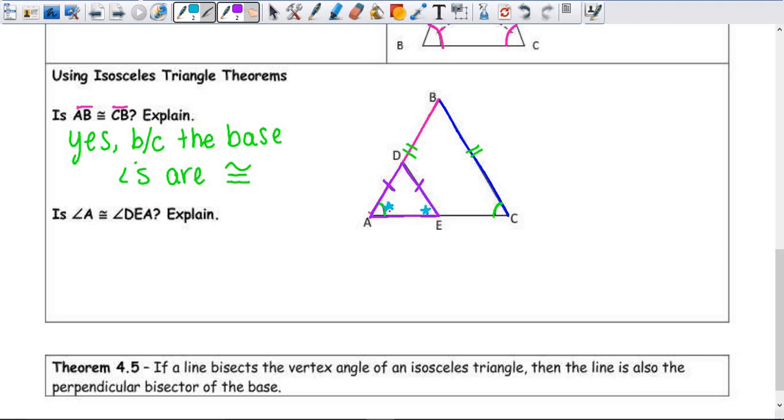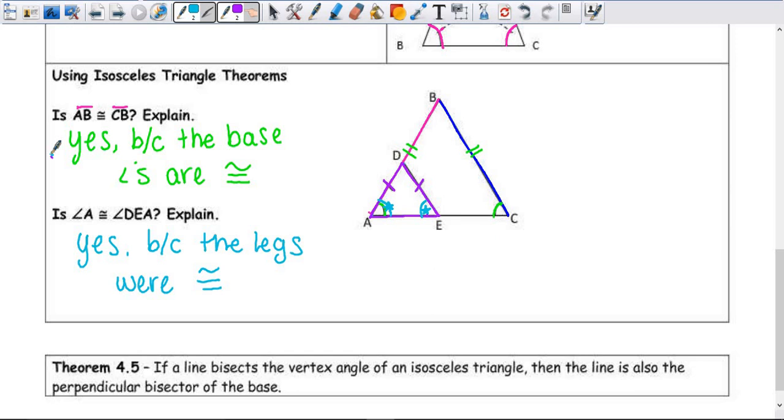My legs are congruent, so I can mark my base angles congruent. So this one is also yes because the legs were congruent. Okay, so because we had the legs in this one, we can mark those angles, and then above, because we had the base angles congruent, we can mark the legs.